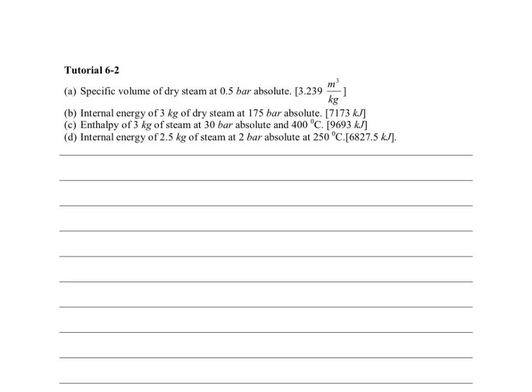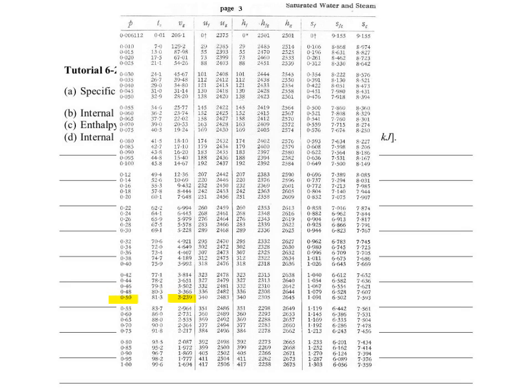Okay, so let's go to the saturated steam, water and steam tables. In this case, we are at page 3, and I have highlighted 0.5 bar, and we are required to find dry steam.